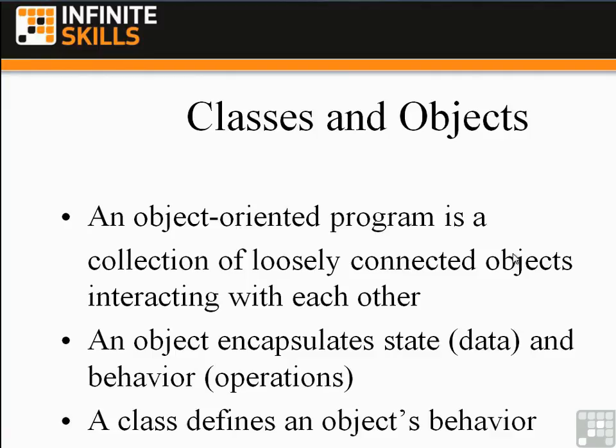So we create a class so that we can define exactly what an object does. Once we create a class, then we can create individual objects of that class. So for example, in a payroll program, we'll have one employee class, but many employee objects, all of the employees that are going to get paid within that payroll.